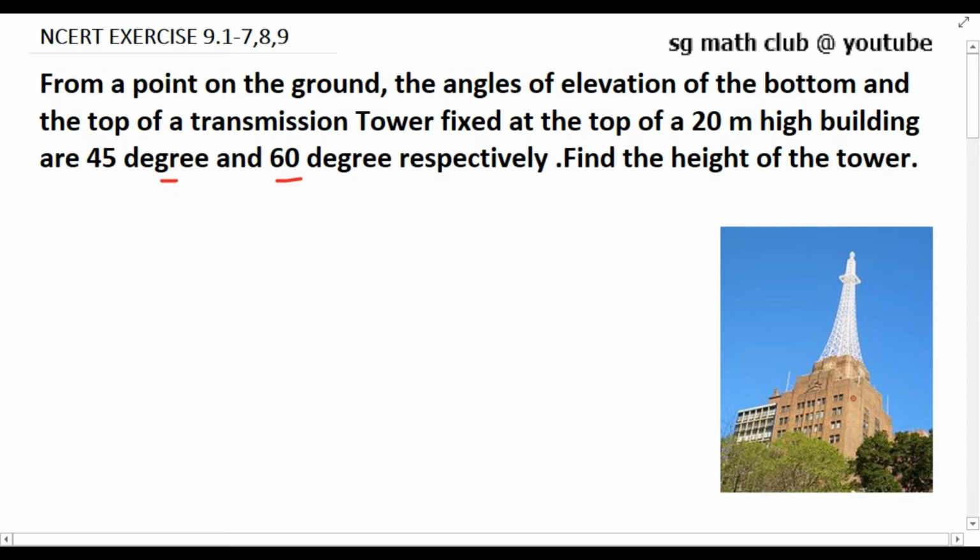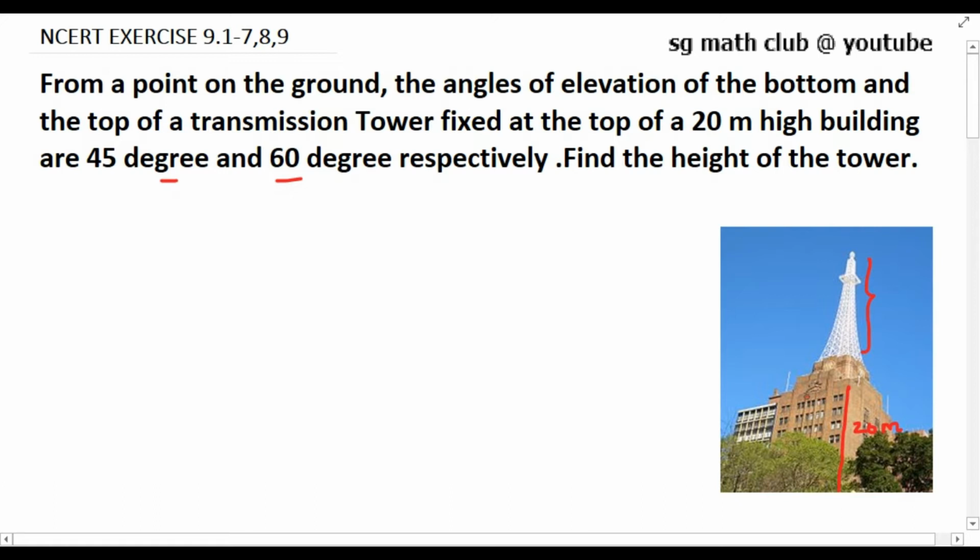So here you can see a building, and above that building you can see the tower. The height of the building they have given as 20 meter, and we need to find the height of this tower, and this tower is fixed above this building. Now two things they have given.